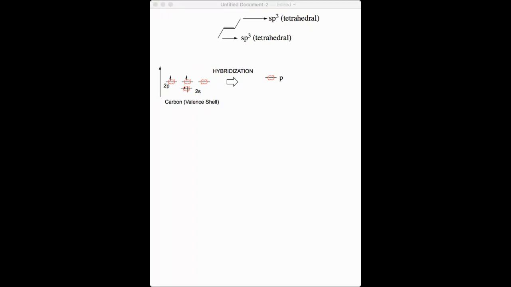So if I save one p orbital for the pi bond, how many orbitals do I have remaining in the carbon atom? If one of them is saved for the pi bond, how many do I have remaining for hybridization?